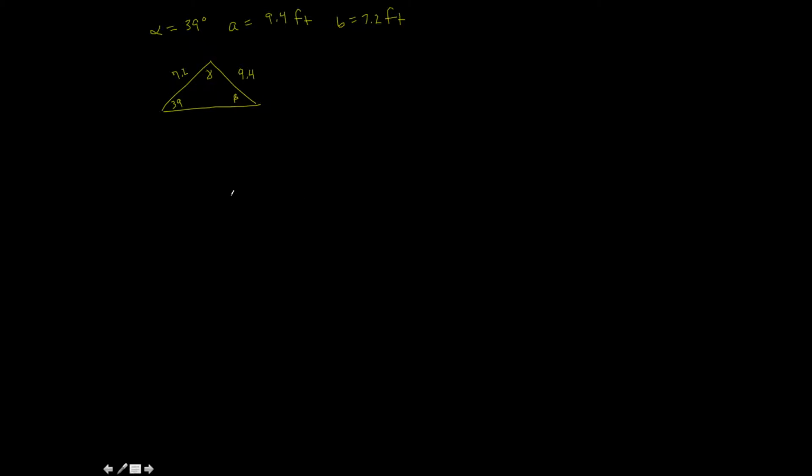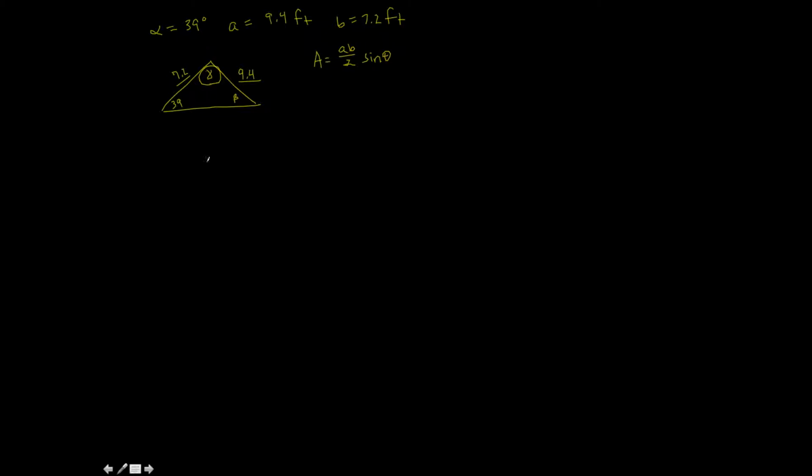Well, notice what we have here. I have a side and a side. So if I knew that angle right there, we could use this basic formula here, AB divided by 2 sine theta. We could use that to find our area if we knew gamma.